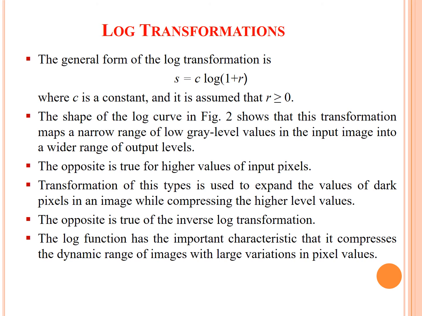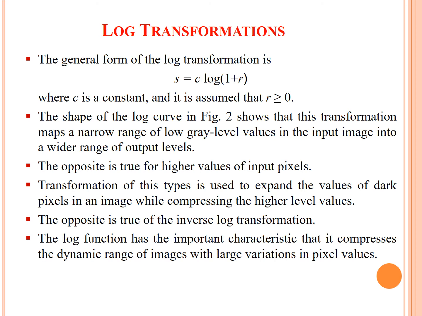The opposite is true for higher values of input pixels. Transformations of this type are used to expand the values of dark pixels in an image while compressing the higher level values. The opposite is true of the inverse log transformation.